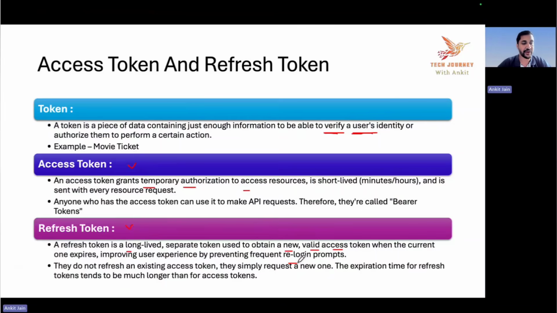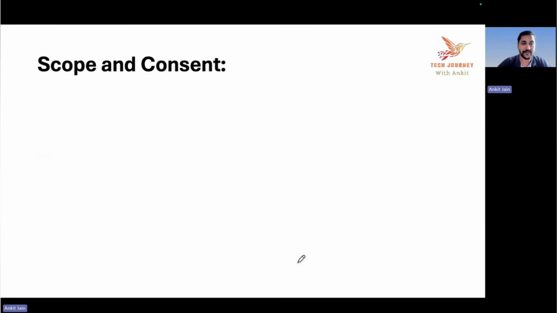If your refresh token has also expired, then definitely you have to follow the same process to re-login. But as I said, the expiration time of the refresh token is much longer compared to the access token. Now, with this analogy, there is one more concept that we will understand with respect to scope and consent, and then we will move to the definition of OAuth.